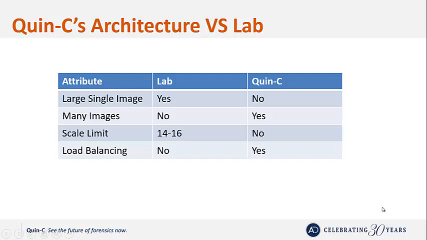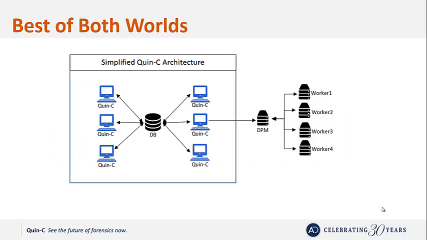And then load balancing, Quincy is naturally set up to support load balancing, whereas lab isn't, though our engineers can configure it to enable load balancing. I have seen that done, but it's just not an out-of-the-box thing. It's not nearly as simple. You can combine the best of both worlds. Quincy allows for this. So you could have one Quincy in your environment that is effectively a front end for lab.